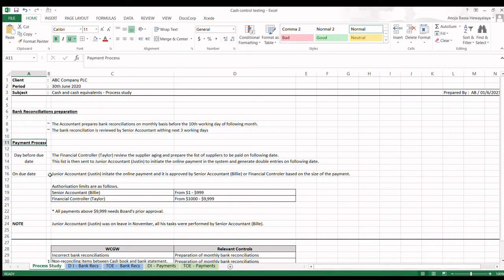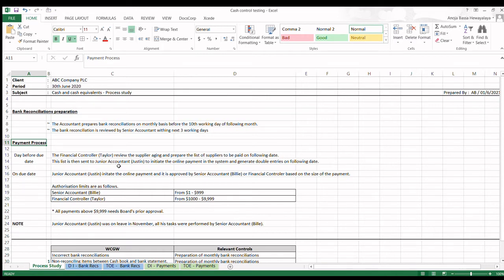And then I have inquired about the payment process and documented how the control works. The day before the due date, the financial controller, I have mentioned the name, Taylor, reviews the supplier aging and prepares the list of suppliers to be paid on the following date.